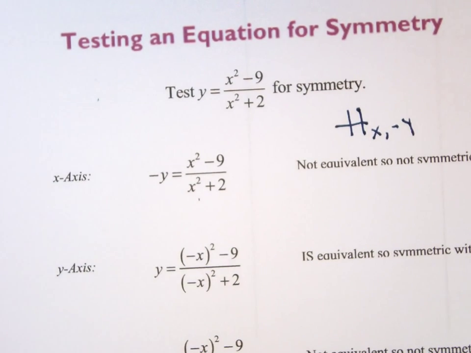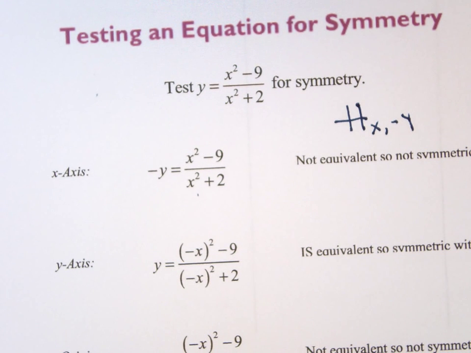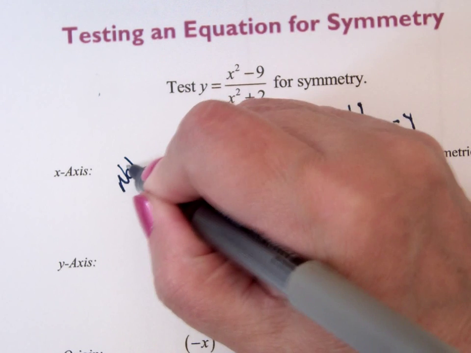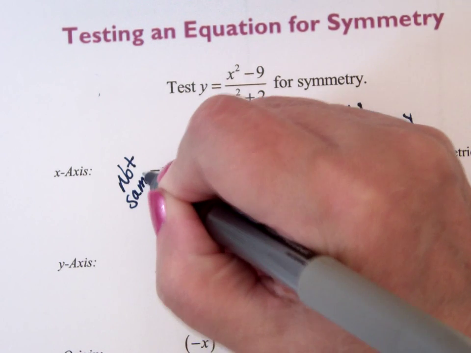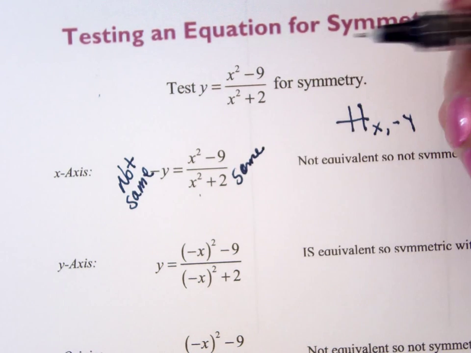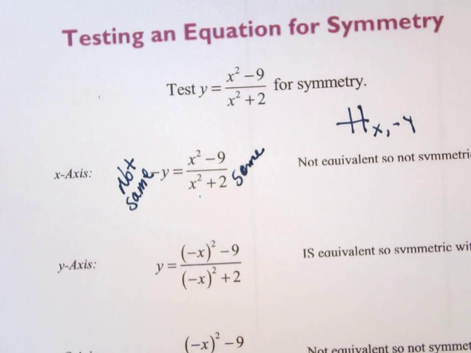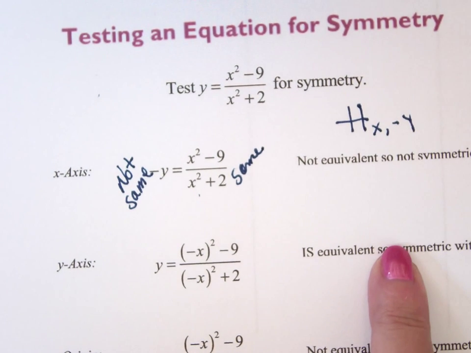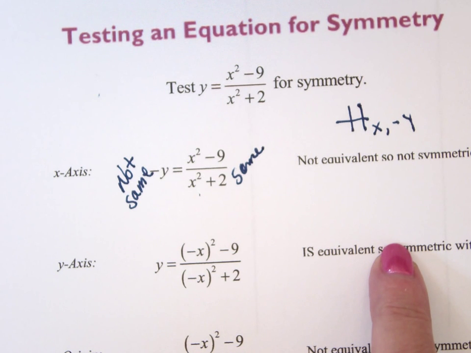That says I've put a coordinate point in that makes the equation true. True means the two sides are identical. And this is not the same, this is the same. And if it's not the same, then I know it's not symmetric with respect to the x-axis.